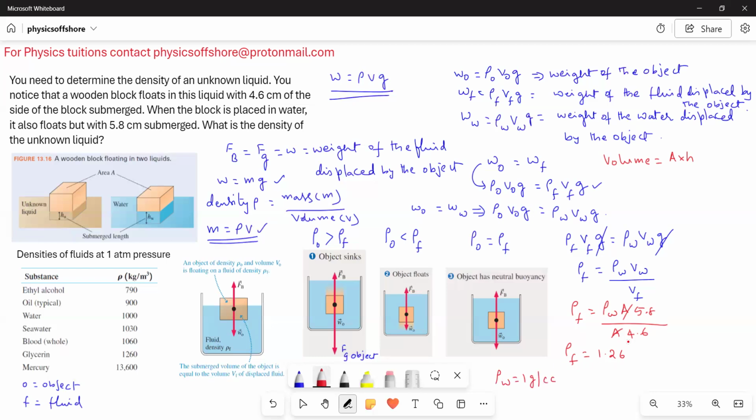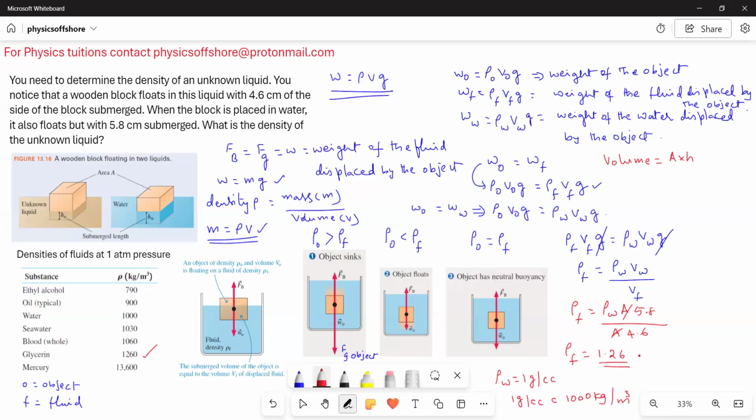So this is 1.26, and 1.26 means glycerin. You may be wondering, here he gave it in kilogram per cubic meter. I will convert it. 1 gram per cc is equal to 1000 kilogram per cubic meter.